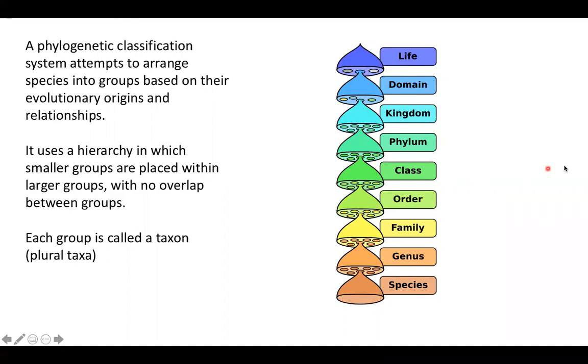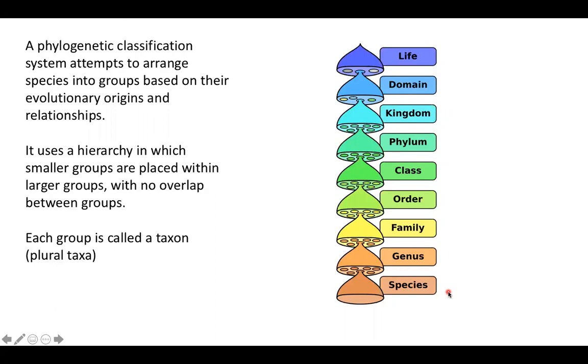The highest hierarchy that we can have is a domain, and I'll talk to you about what the domains are. Below the domain, we have kingdom. We have the kingdoms of life, so we fall into the animal kingdom. And then below that, we have phyla, then class, order, family, genus, and species.